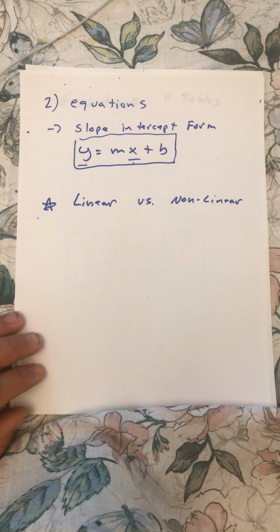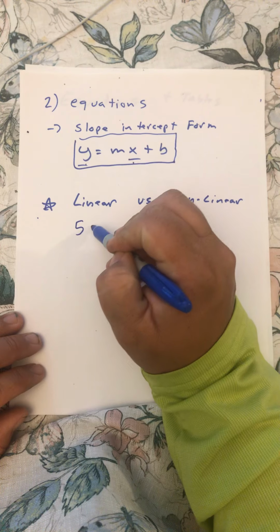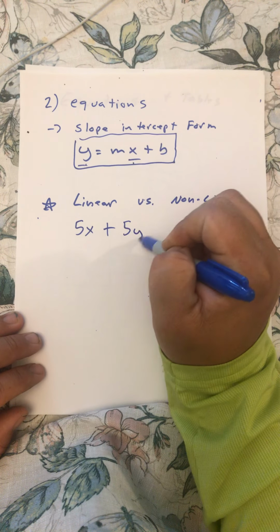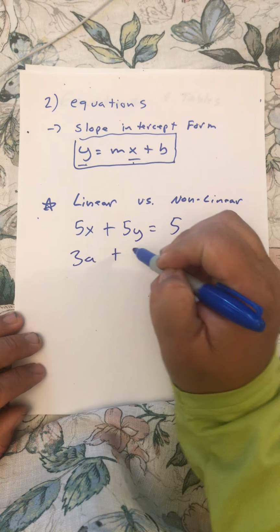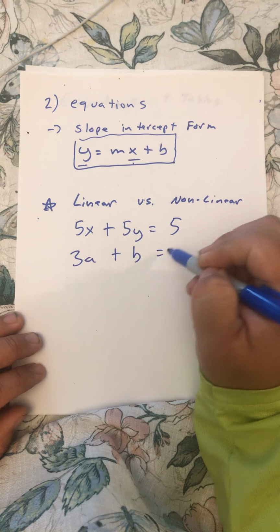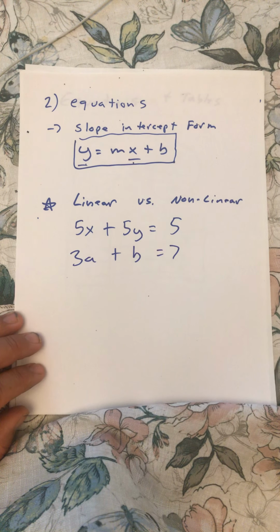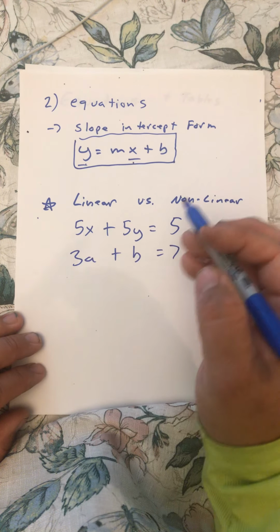But right now, remember, linear equations are any equation that has two variables, and it could be written many different ways, and it just has to be where there's two different variables, and these would be linear.